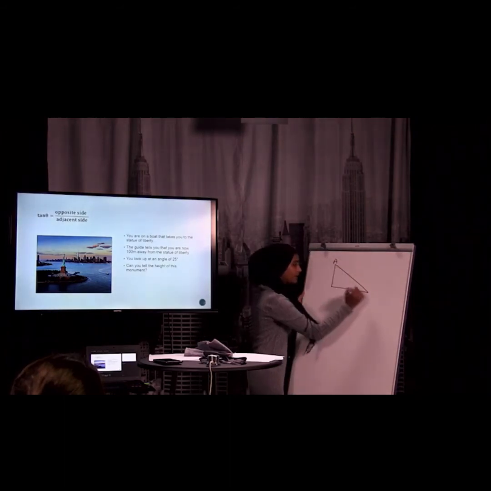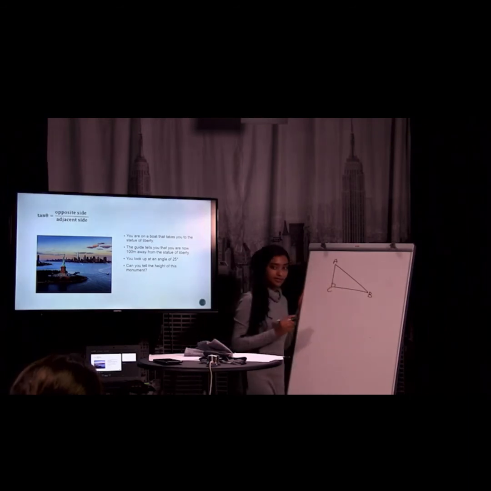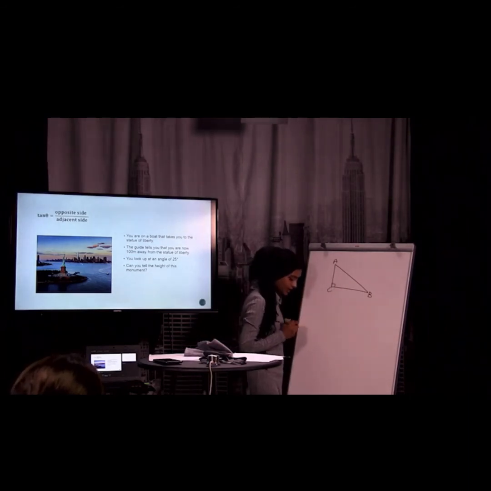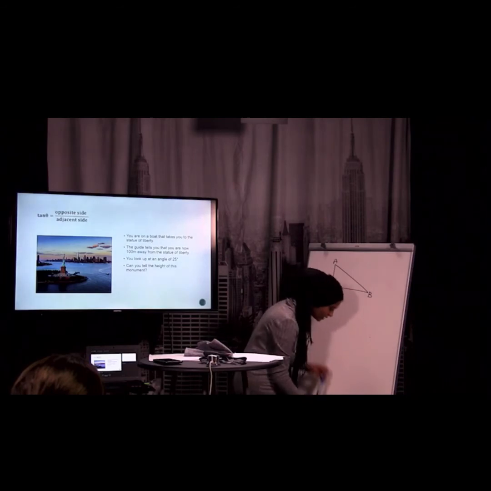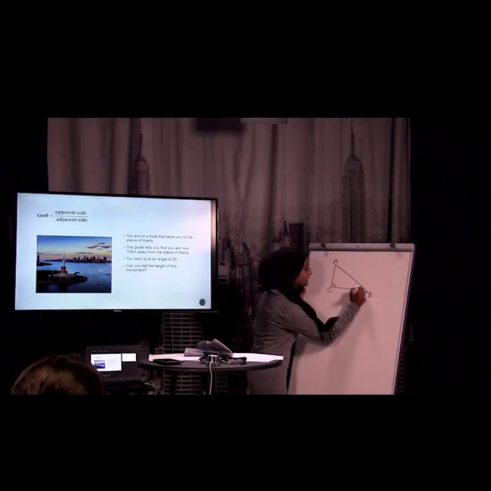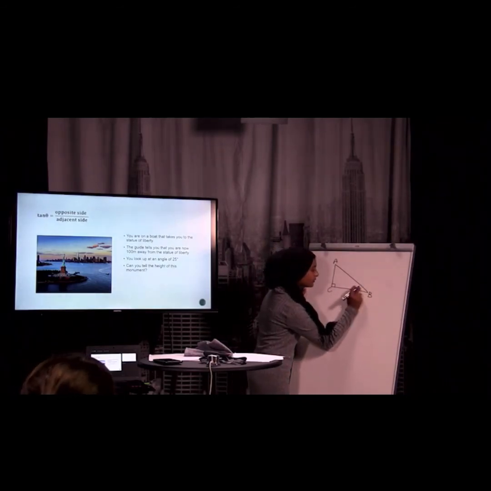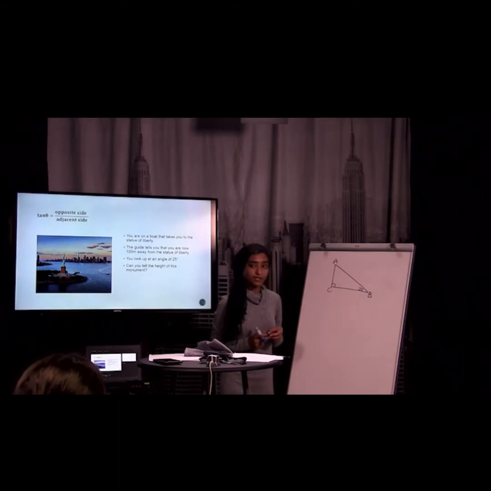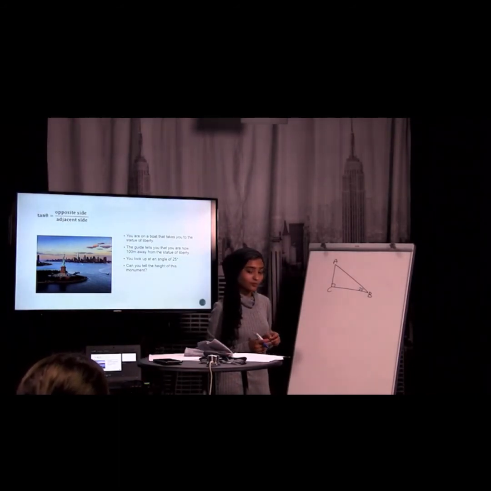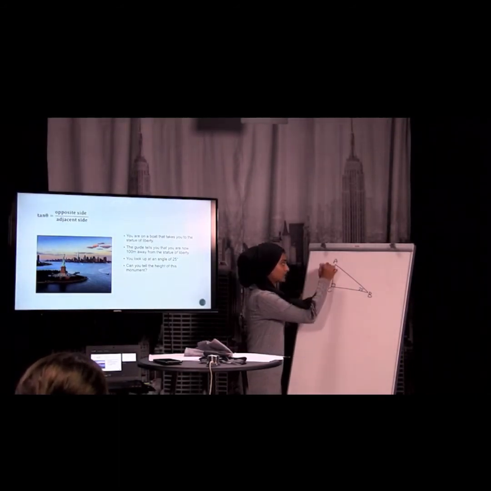So let's again label it A, B, and C. We have a little right angle there. Okay, and then we know that we are looking exactly 25 degrees up, right? And what other information do we know? We know that from the Statue of Liberty to where you are, it's 100 meters.